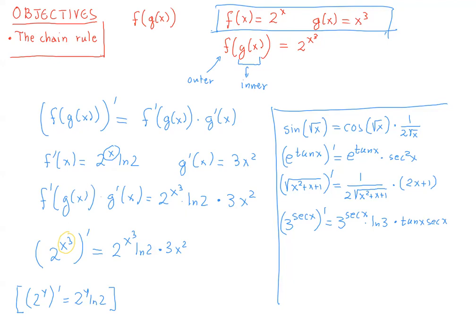Let's do the derivative of cosine to the 7th of x. Now, here it might be useful to do an intermediate step. Let's recall that cosine to the 7th of x is the same thing. Let's write it in a more traditional way, cosine of x all to the 7th power. So let's designate our y. Our y here is cosine x.